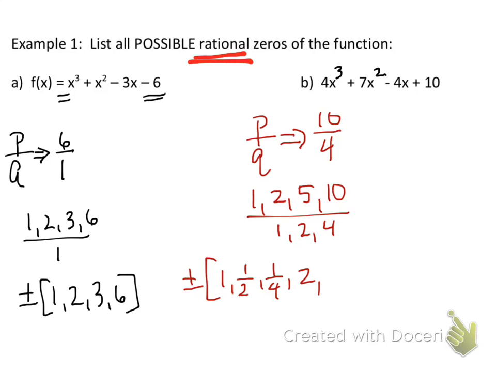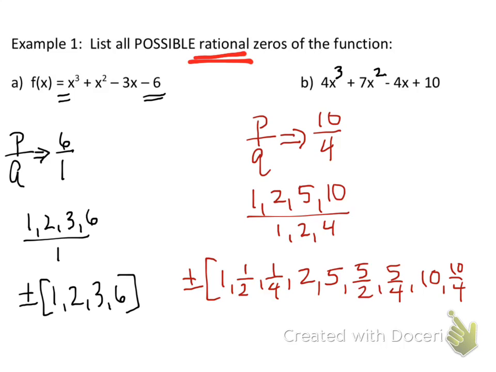Then we're going to look at 2. So 2 over 1, which is 2. 2 over 2, well, that's 1, so we don't have to list that one again. 2 over 4, well, that would simplify to 1/2, so we don't have to list that one again either. 5 over 1, 5 over 2, or 5/2, 5 over 4, and then 10 over 1. 10 over 2 is simply 5, so we don't have to list that.